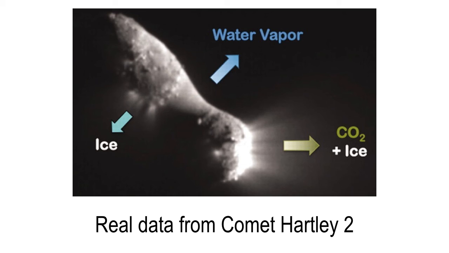In this diagram, they show that water vapor and ice and CO2 are being emitted from the hot part, the part that's facing the sun. It gets warmed up by sunlight. How do they know that? This is a black and white image. So how do they know that it's CO2 and water vapor?